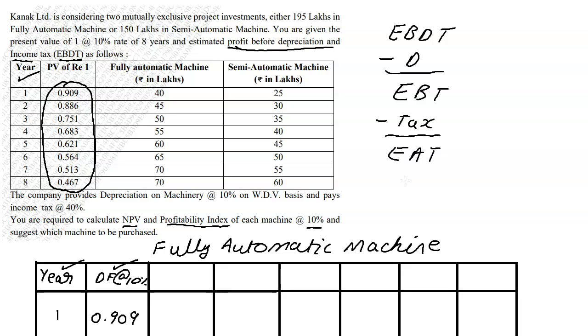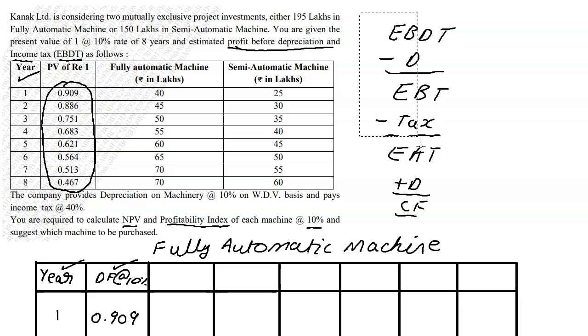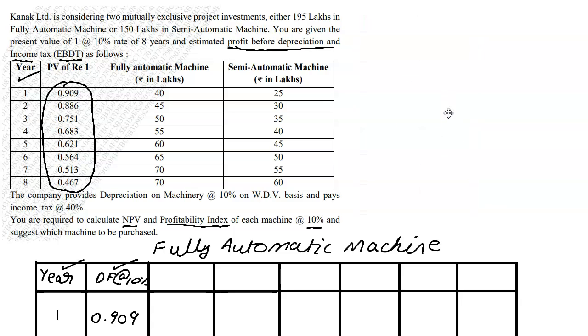And to this number, we add back depreciation to get cash flow. Alright, so as far as we are concerned, this is what we need to put into the table. So we are starting with EBDT, earnings before depreciation and tax, because they have given us EBDT.